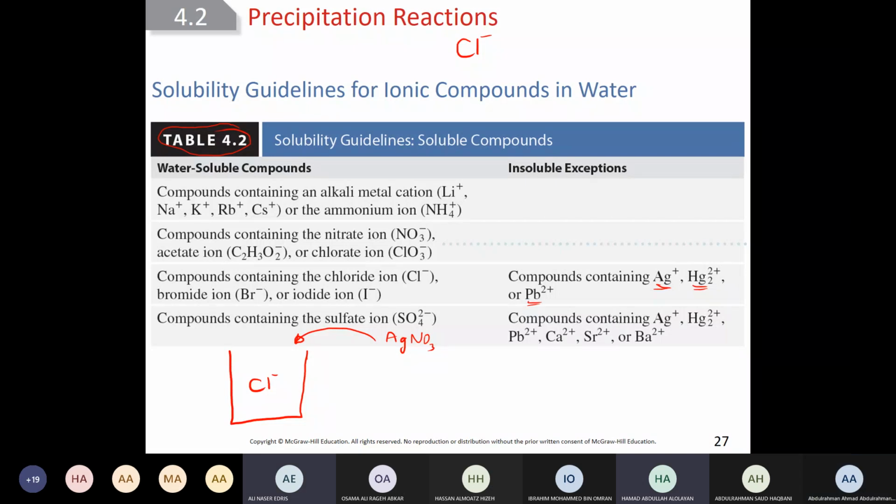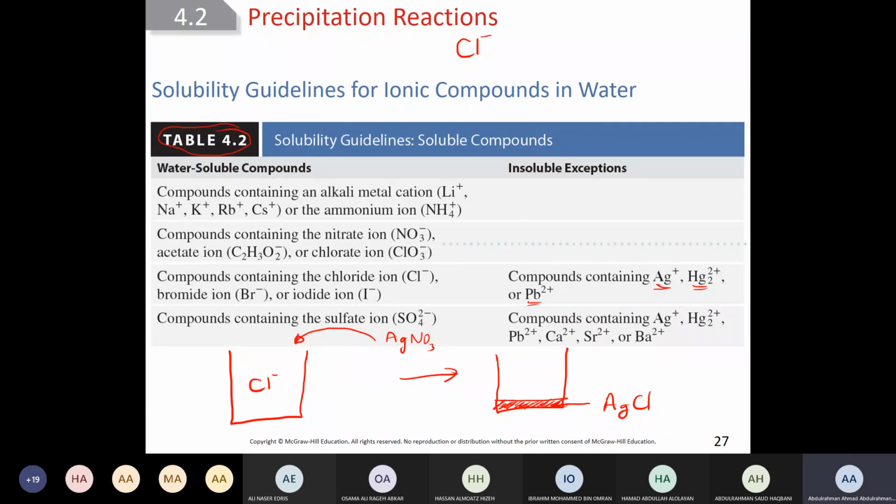Yes, precipitate. What will precipitate? You will find that something comes out of solution. What's that thing that comes out of solution? Chloride. Precipitate. AgCl. Exactly, AgCl. Okay, is this clear?